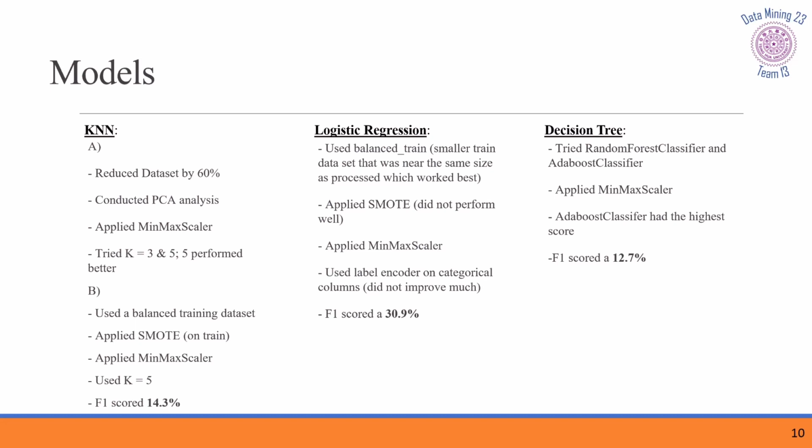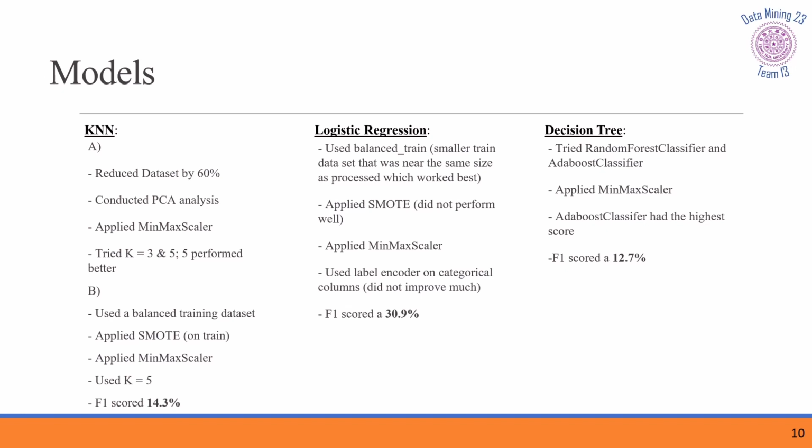And we tested where k equals 3 and k equals 5, and 5 performed better. With approach B, we used a balanced training data set. We applied SMOTE during the training process. We applied min-max scaler, and we used k equals 5, and approach B had the higher score of 14.3%.